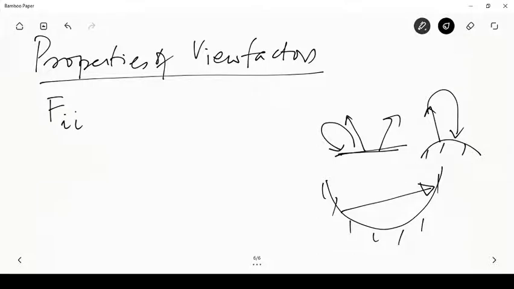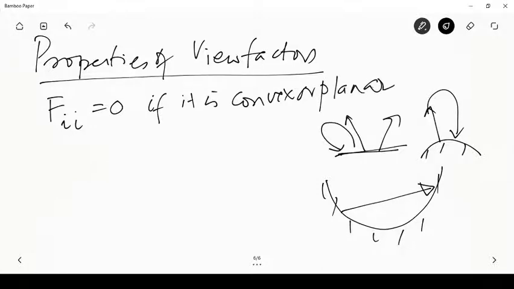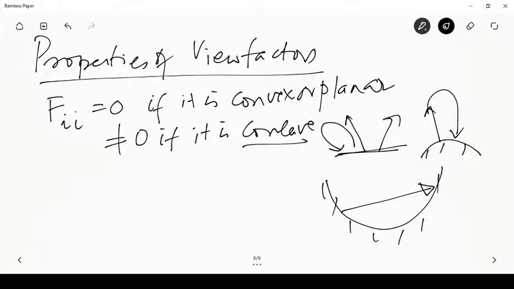So if I look at Fii for any surface i, this will be equal to 0 if it is convex or planar, and not equal to 0 if it is concave. What do we mean by convex, concave and planar?